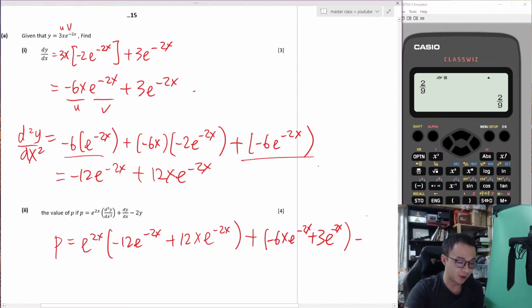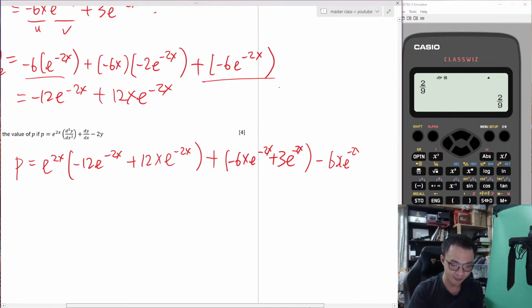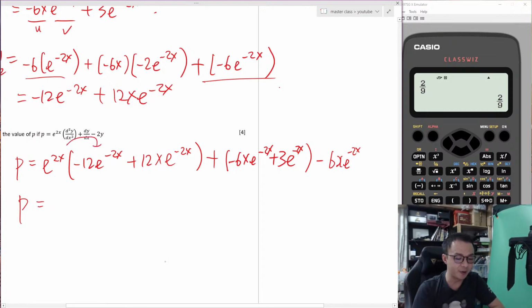Okay, the y should be on the top here. So it will be 6x e negative 2x. Okay, let's do it. This one multiply in, mean we plus the power. So I believe the power will become 0, right? e to the 2x times e to the negative 2x is e power of 0 is 1. So it's negative 12. This one is plus.